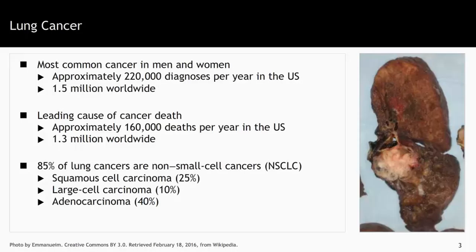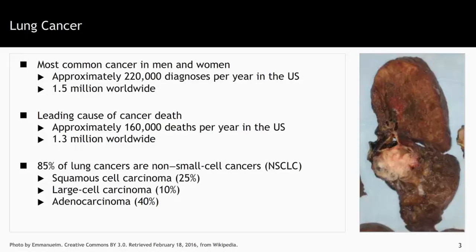They come in various histologies. Adenocarcinoma is the most common, 40%, but then there's squamous cell carcinoma and large cell carcinoma. By and large, although we have different histologies for these cancers, they are essentially treated very similarly.